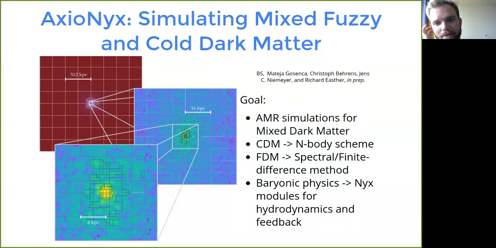And then fuzzy dark matter we evolve on the root grid with a spectral method, and then on final levels that are not periodic, and therefore we cannot use spectral methods, there we use finite difference methods.